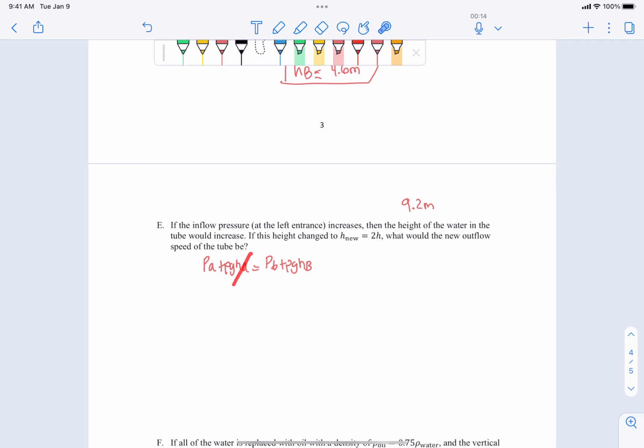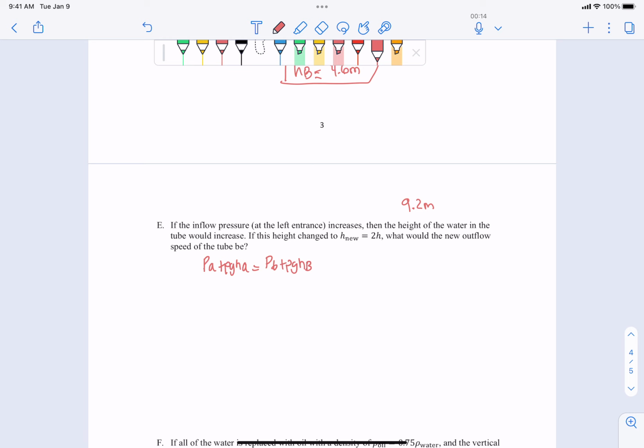Like I said before, HA is 0, because I can set that arbitrarily to be 0 meters just at the bottom. And then I can solve for the pressure at A, given the pressure at B and the height at B, which is doubled.